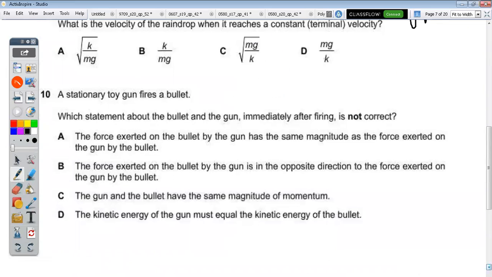Next point. A stationary toy gun fires a bullet. Which statement about the bullet and the gun immediately after firing is not correct?